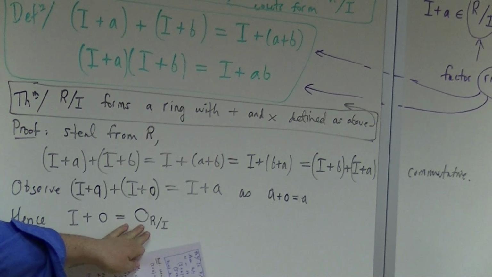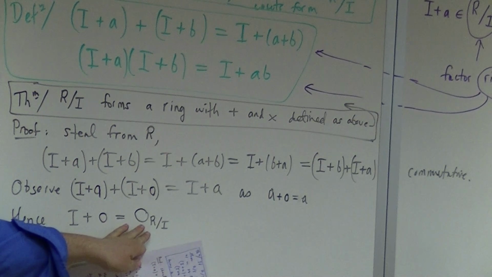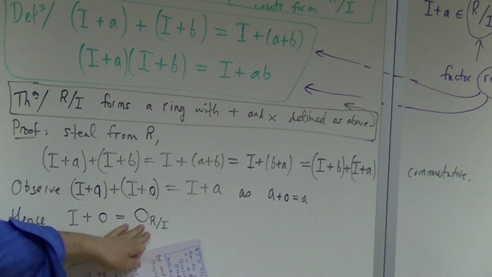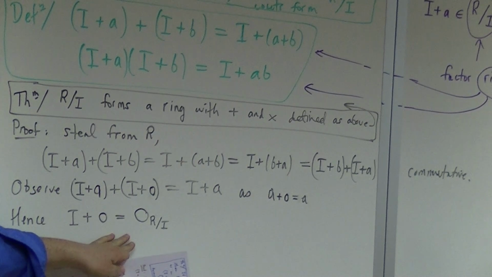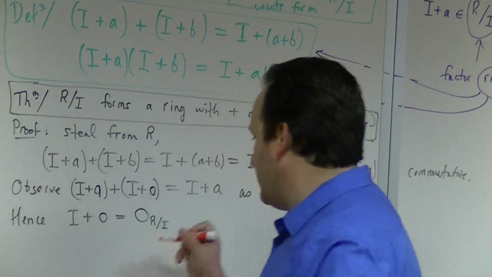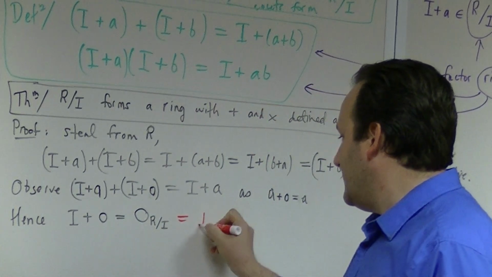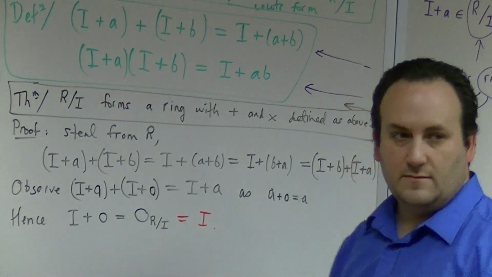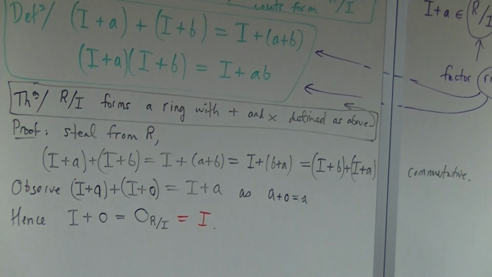Now, for our purposes, it's also convenient to allow ourselves a slight relaxation in the notation, right? So instead of writing I plus 0, often we just write what? Our convention is to allow ourselves to also just write I. So I plus 0, or I, plays the role of 0.